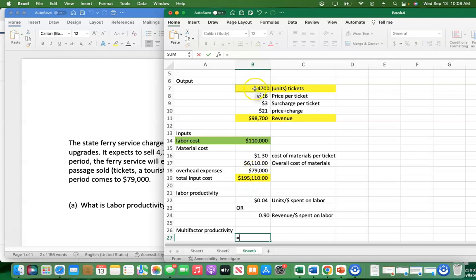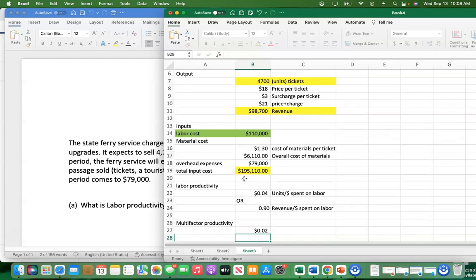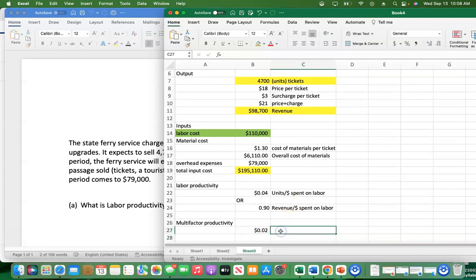So I'm going to start with the units, the number of tickets, and so I'm going to click here, divide by the overall total input cost. Remember, we're talking about the multi-factor productivity, and so that's what we can get. Units per dollar spent on inputs.